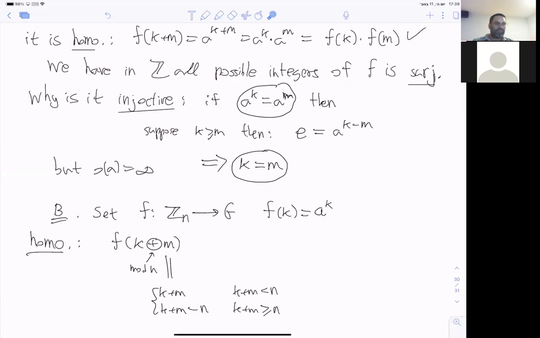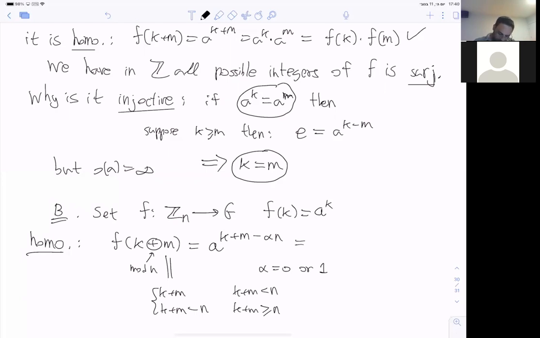So you cannot have more than 1 time N here, it's at least N. So what is F? It is A to the K plus M minus alpha N, where alpha is 0 or 1.